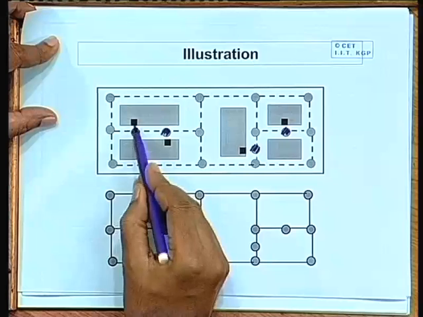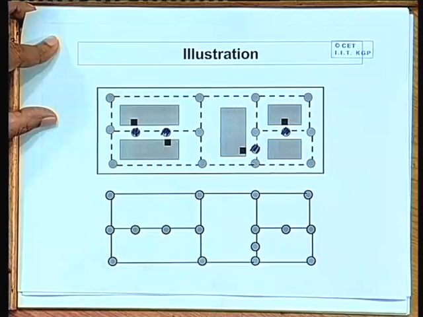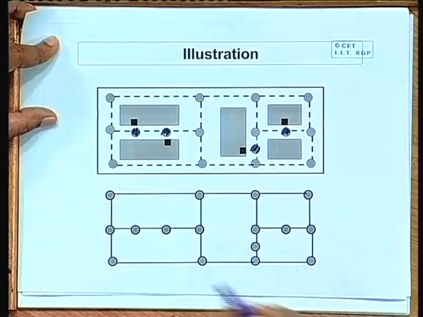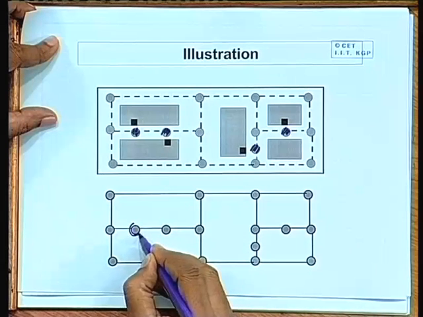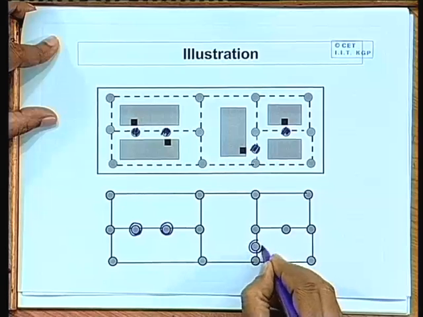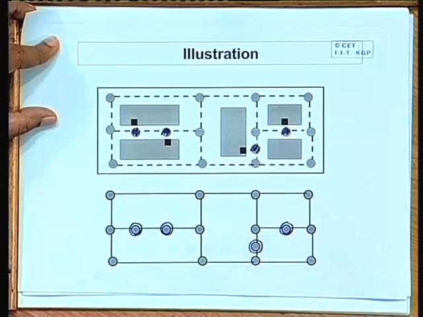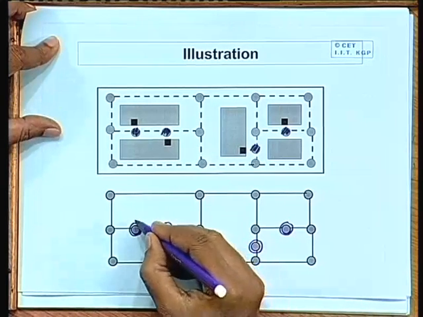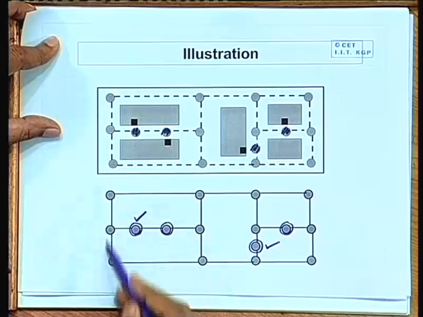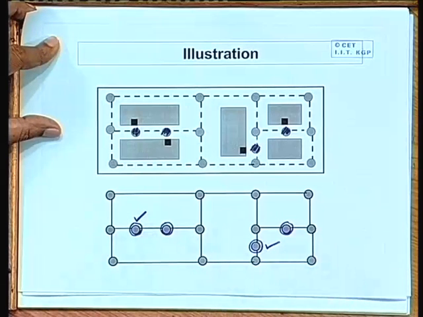These vertices are very near to the corresponding pins, and in the corresponding graph, these 4 vertices indicate the pins. So, now if you say that I want to connect this pin with this pin, I can find a path through this graph.